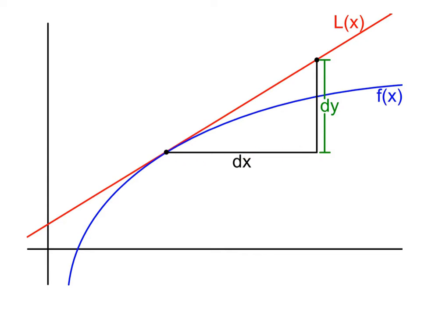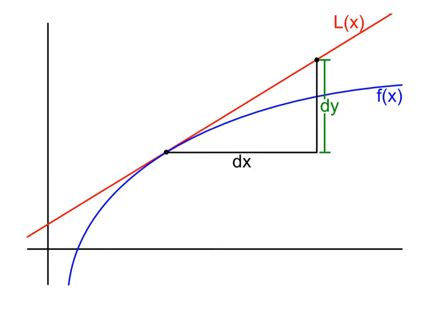Notice that the derivative always tells us the slope of the tangent line, right? Well, slope is rise over run. I'm rising dy, and I'm going on a run of dx. dy and dx basically have just been fancy names for the rise and the run. It's just specifically the rise and the run on the tangent line.